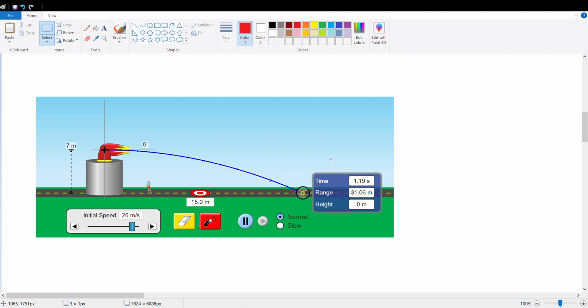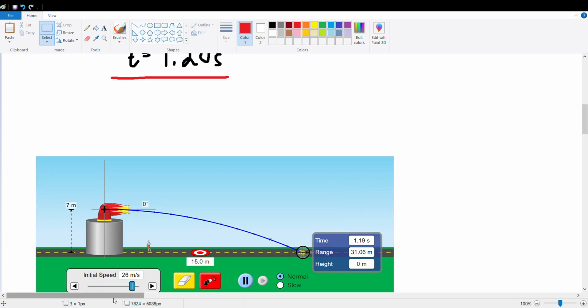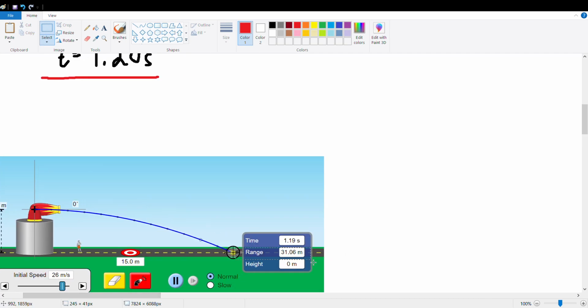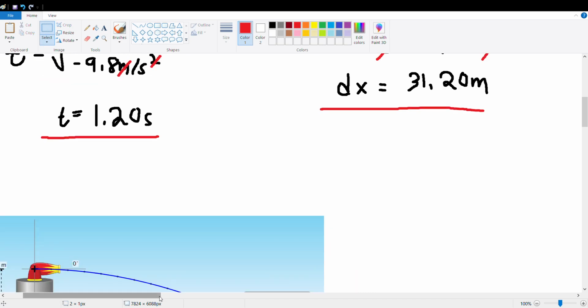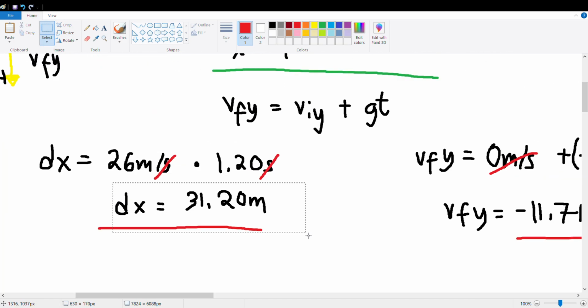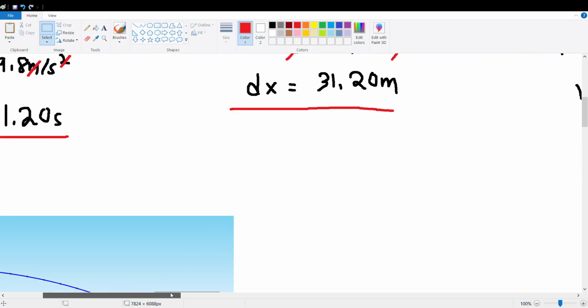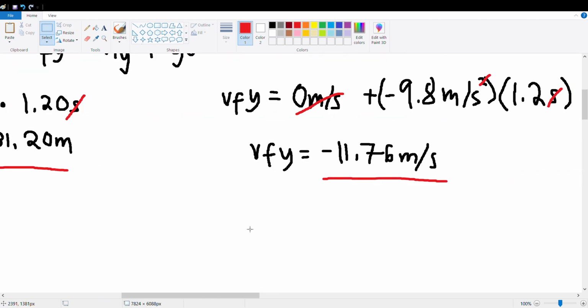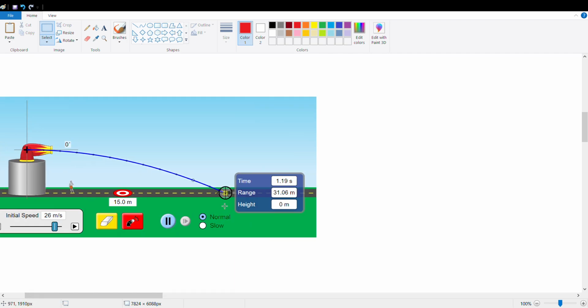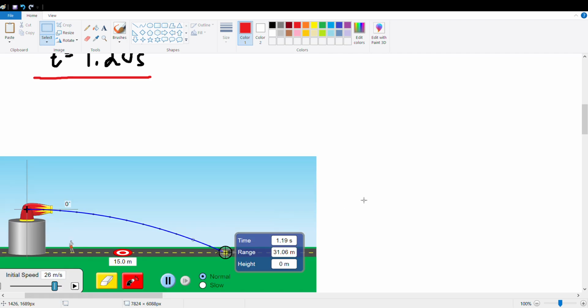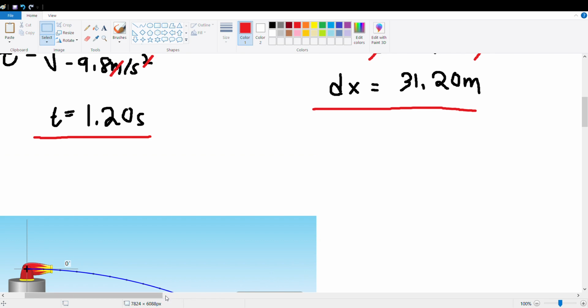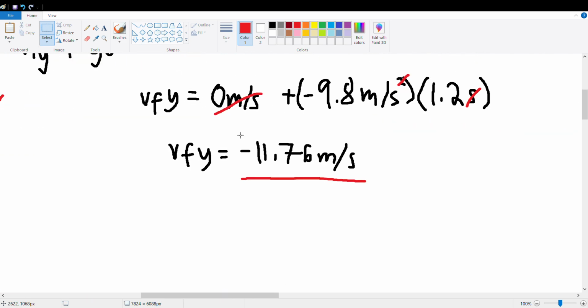There's just some rounding off there. And for the range, 31.06, ours is 31.20. There are also some rounding issues, but it should still be the same. Now we can't really check for the VFY here, but it is roughly this, 11.76 meters.